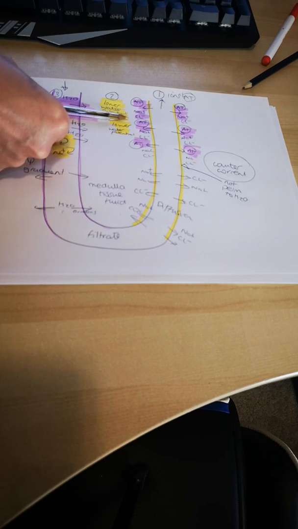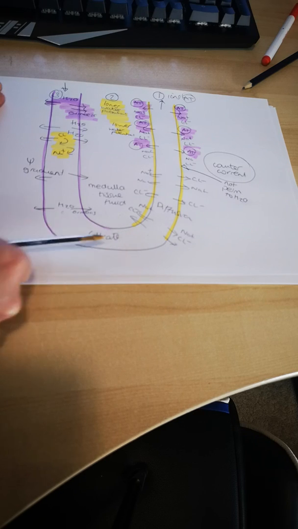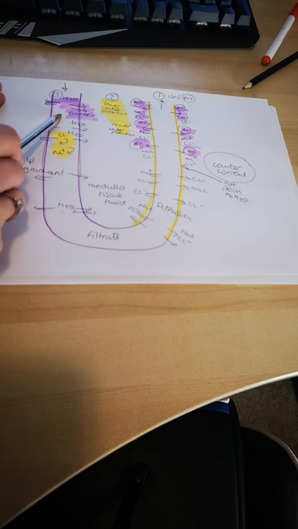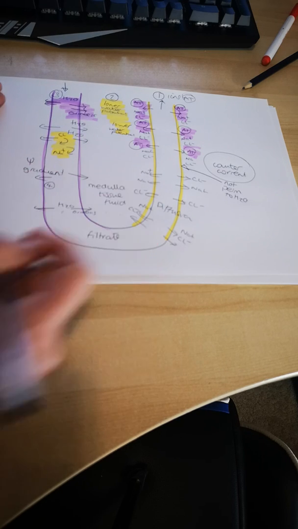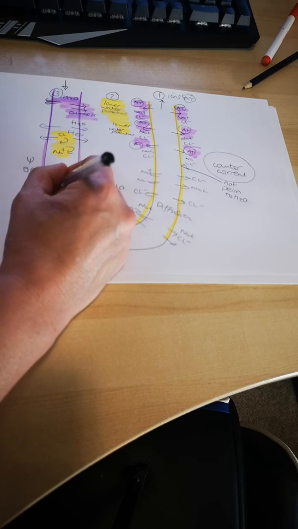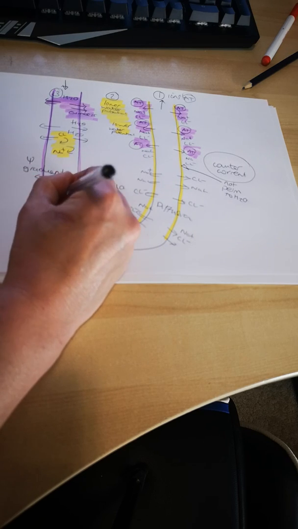Now, quite often that might be all there is on the mark scheme if it's a short mark scheme. But the really difficult bit of this is understanding why this countercurrent ensures that water potential gradient I've just described is always present. And the only way to understand that is to think about the filtrate. So by the time you get to the bottom of the descending limb, the filtrate becomes very concentrated.